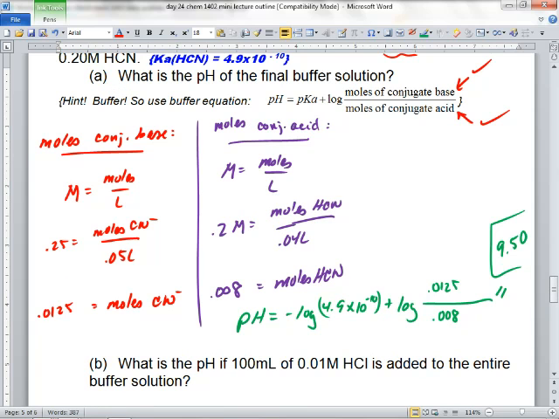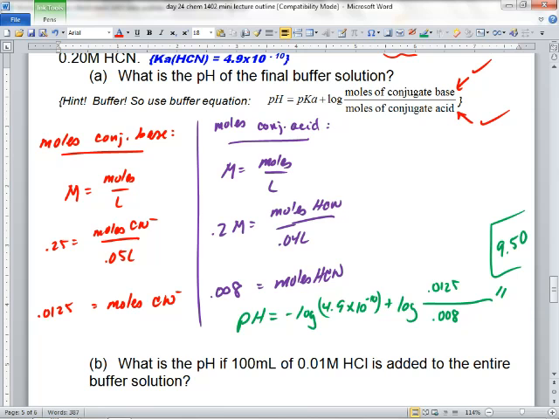Okay. Now, there's usually a part B. What is the pH if 100 mils of 0.01 molar HCl is added to the entire buffer solution? They're adding a strong acid.